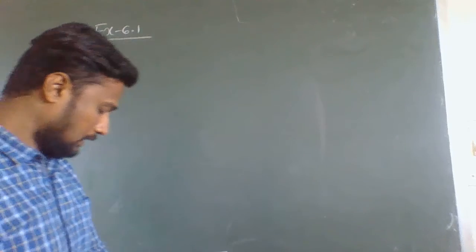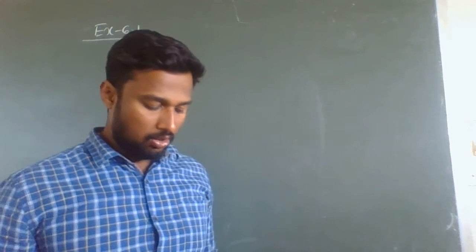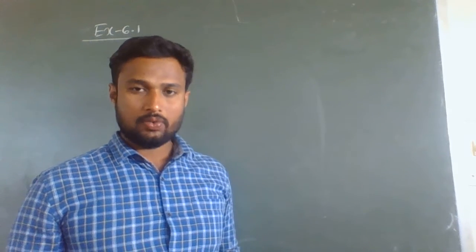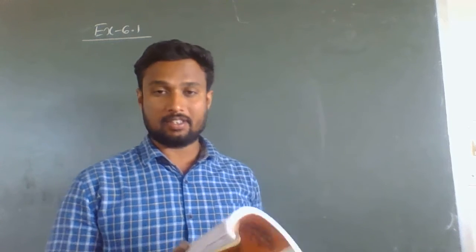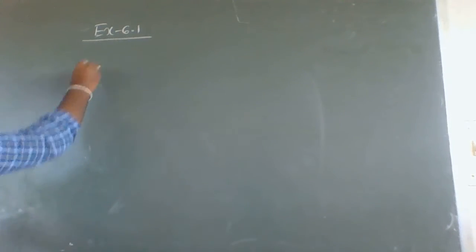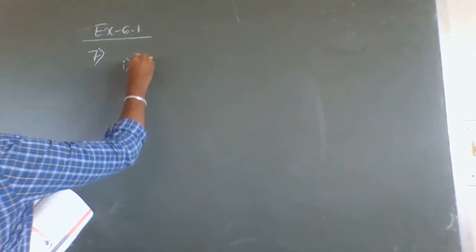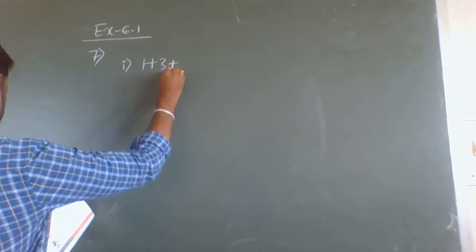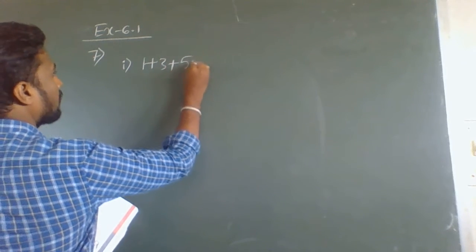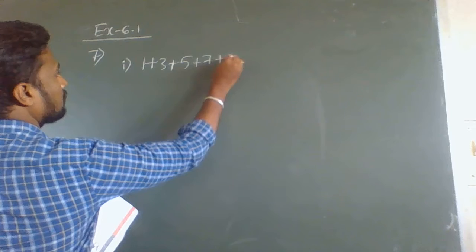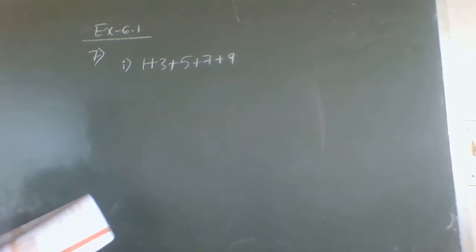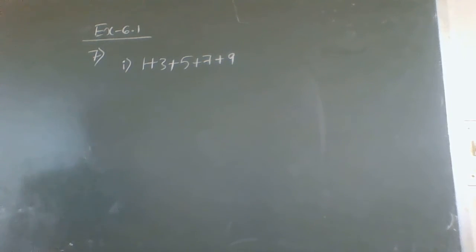In the 7th question, what are they given? Without adding, find the sum. Without addition, you have to find the sum. In the first question, they have given 1 plus 3 plus 5 plus 7 plus 9. We have to find the sum of these values without adding.